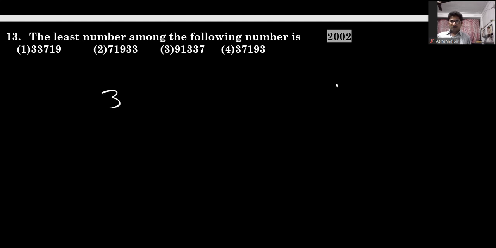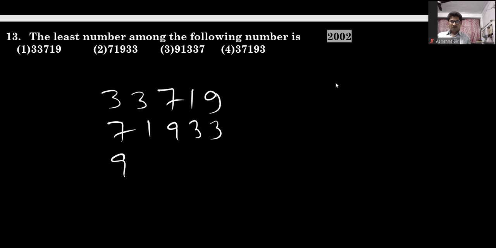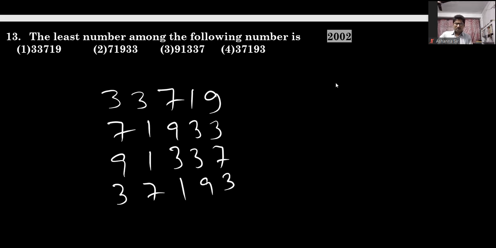First we have to write 33,719, 71,933, 91,337, 37,193. So to find the least number or greatest number, we have to compare the first leftmost digit.